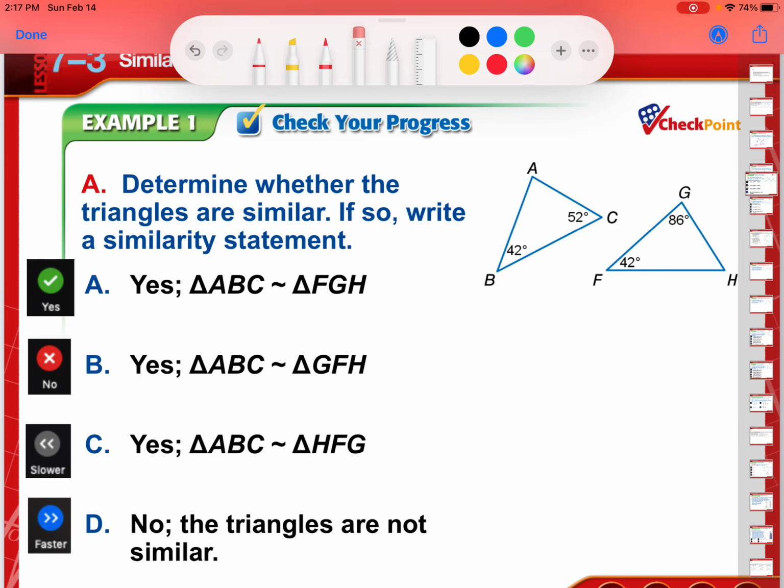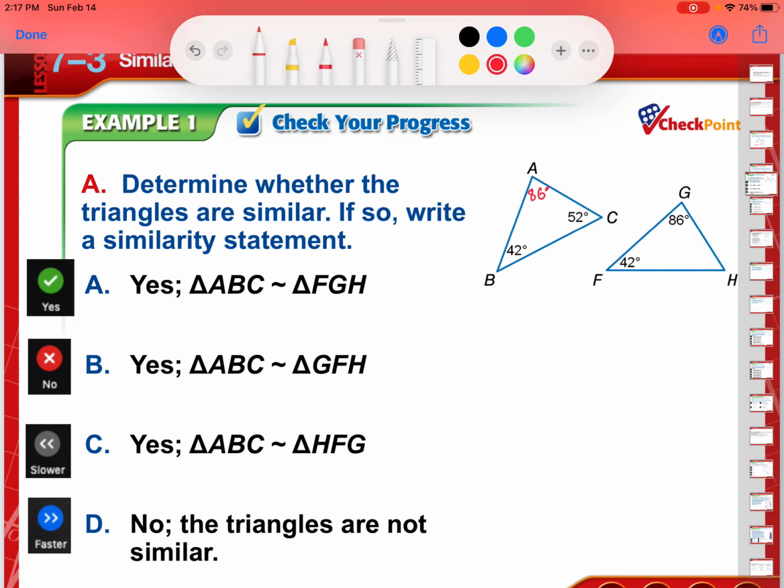So, determine whether the triangles are similar. If so, write a similarity statement. Lovely. So that'd be 94. Yep. So these are similar. Reasoning being, this angle has to be 86 degrees because if we add 42 and 52, we get 94. 94 plus something is going to equal 180, and that something happens to be 86 degrees.